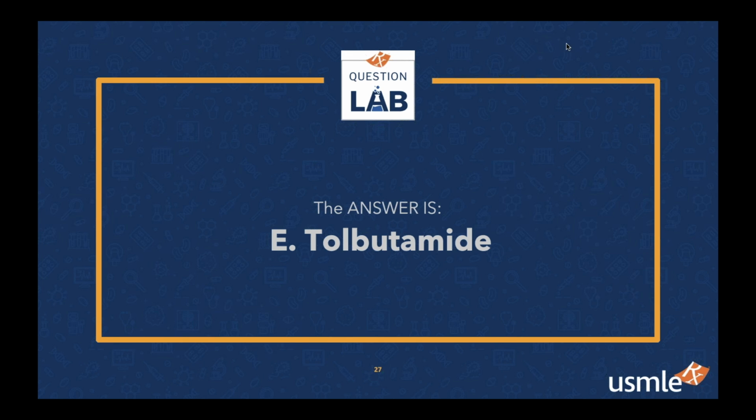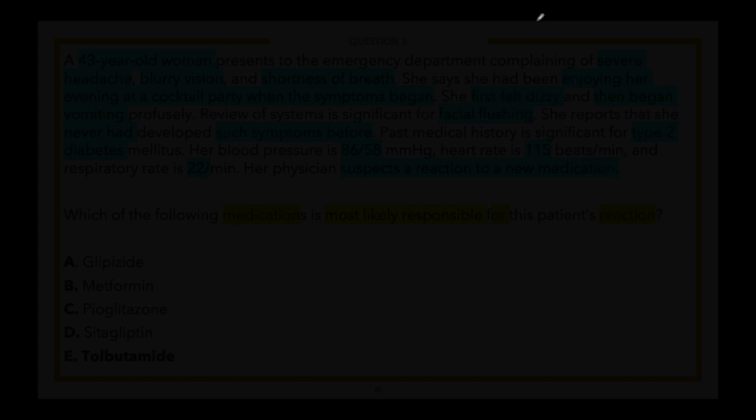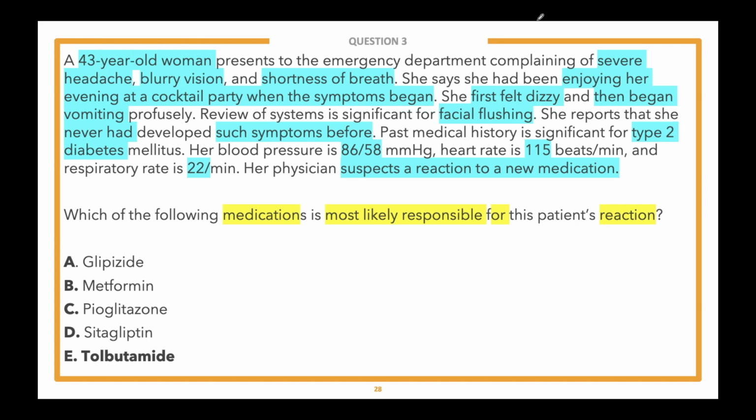Thank you, Sean. Great job, guys, again. So let's take a look at what's going on in this patient. So again, this patient is presenting with headache, blurry vision, and vomiting, as well as facial flushing after drinking. Okay, so likely, again, a disulfiram-like reaction.